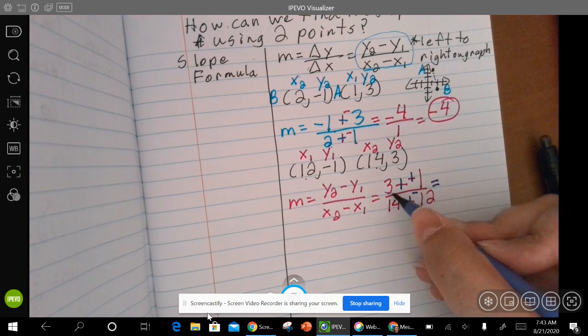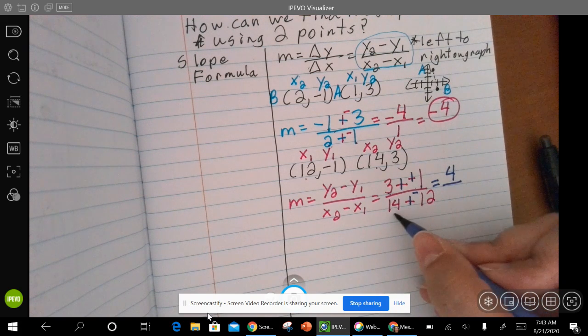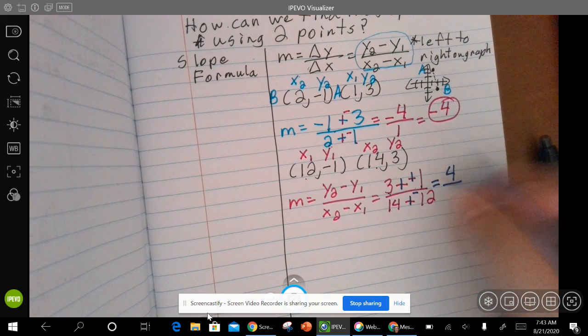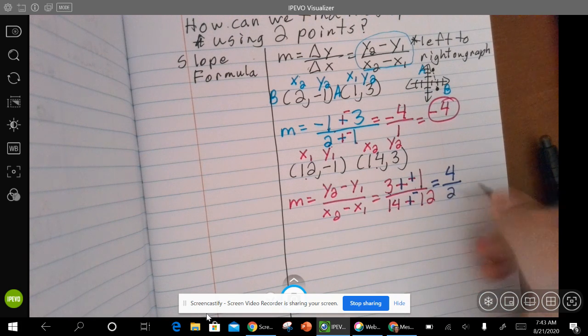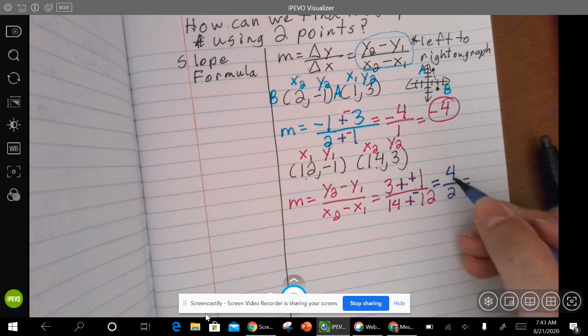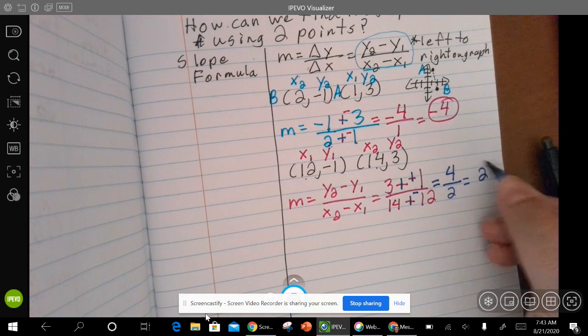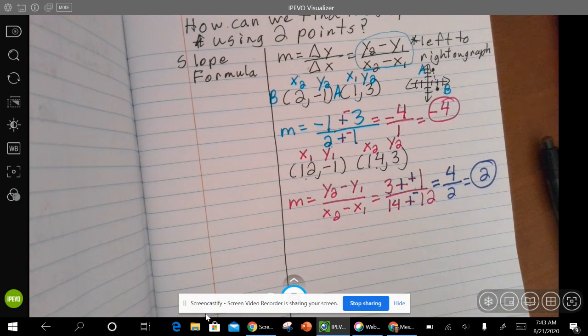Same sign, just add. 3 plus 1 is going to be 4. 14 plus negative 12, opposite sign, subtract, is going to be 2. Okay, so 4 divided by 2 is 2. So that would be our slope.